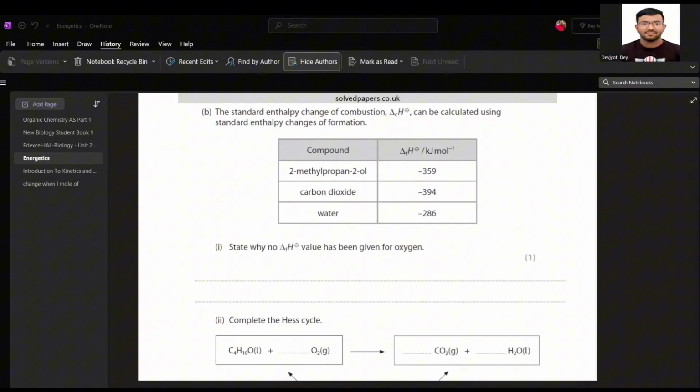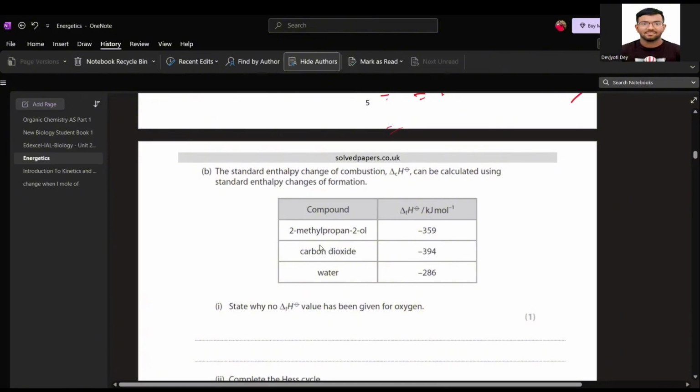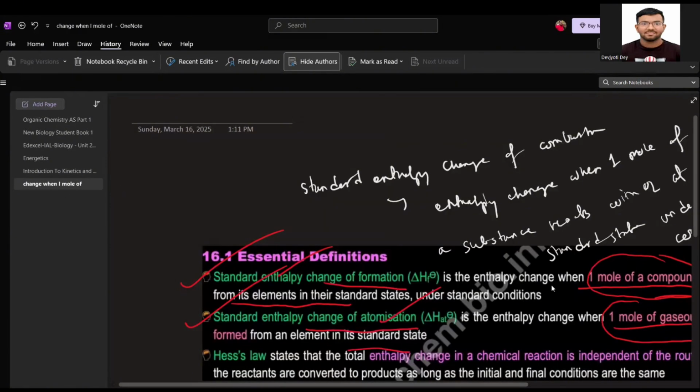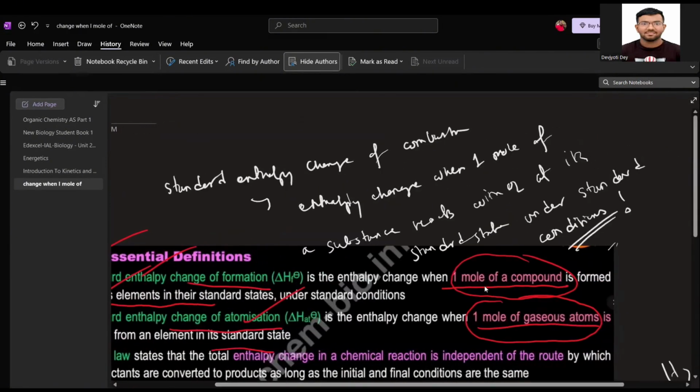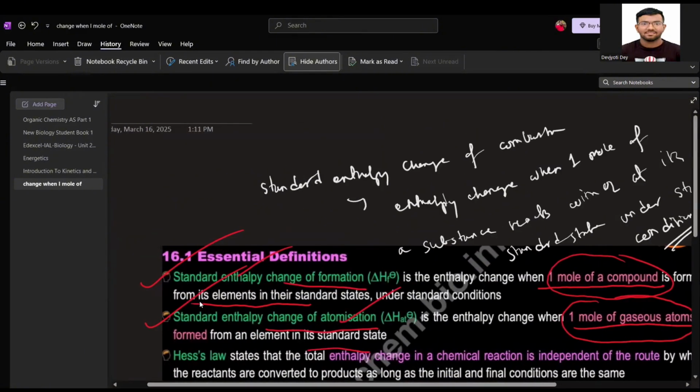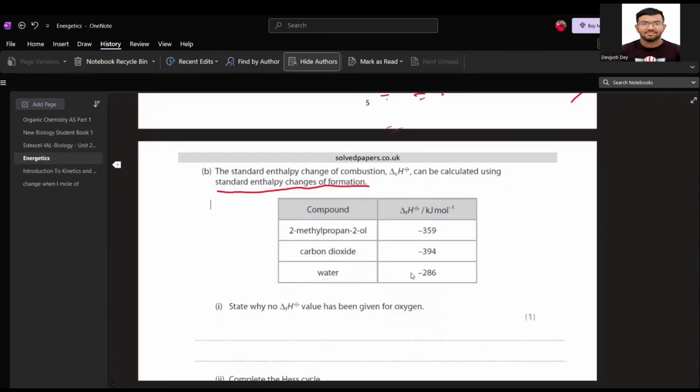First things first, there's a more refined answer to it. It's the standard enthalpy change of formation. What do we know about the definition of enthalpy change of formation? A little while ago, we saw: when 1 mole of a compound is formed from its elements. Did you notice one thing here? Oxygen is already in its standard state.